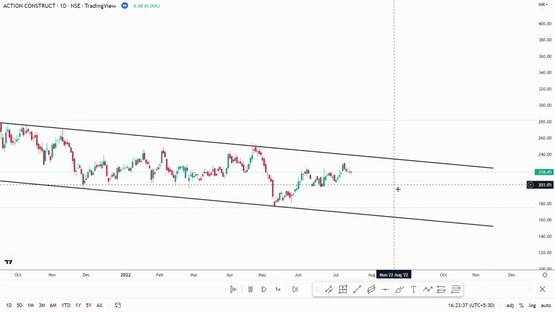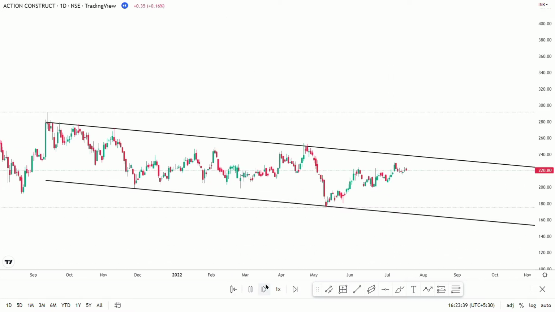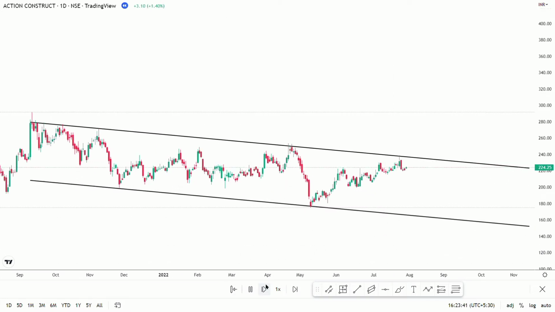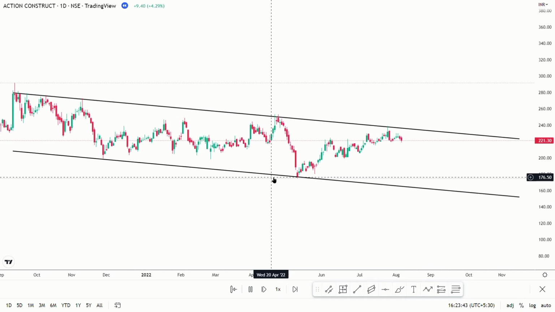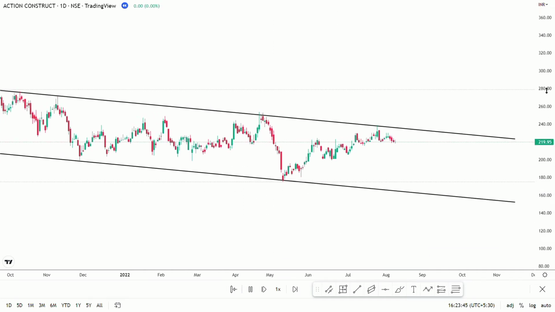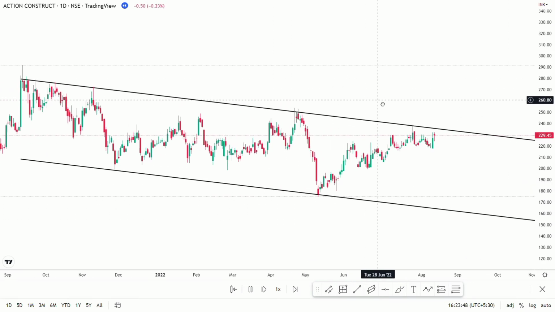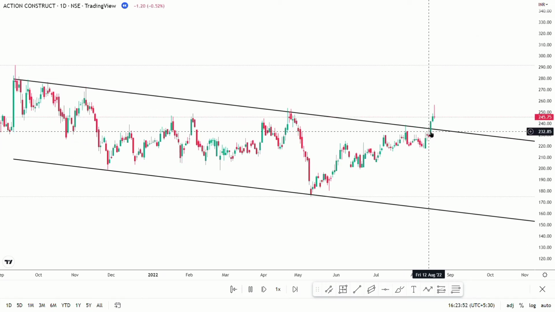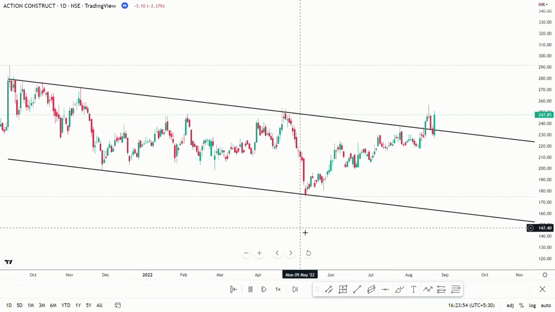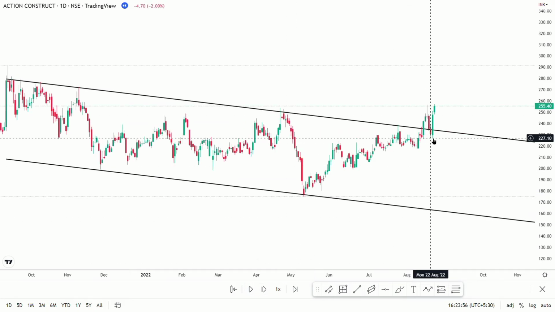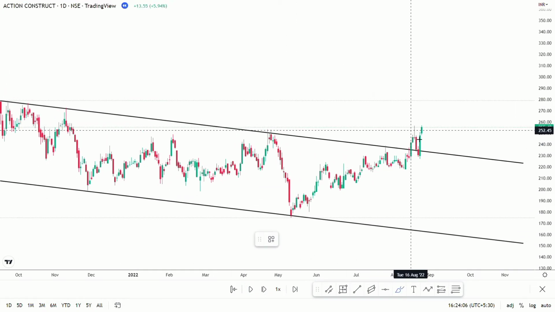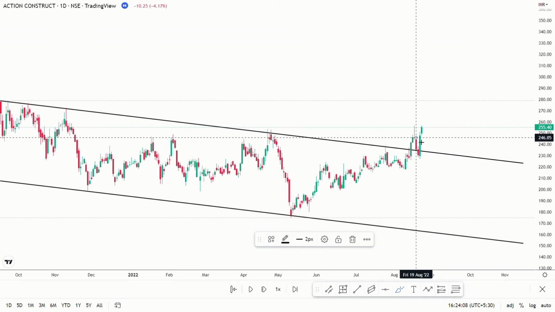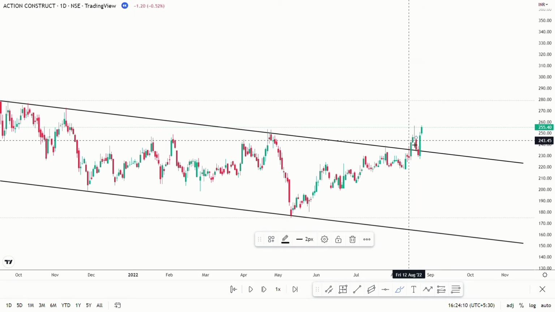As of now this stock has not broken it. As you see, this channel pattern has taken resistance from this level, and then it breaks out. As I told earlier, we are going to enter at this breakout point here.